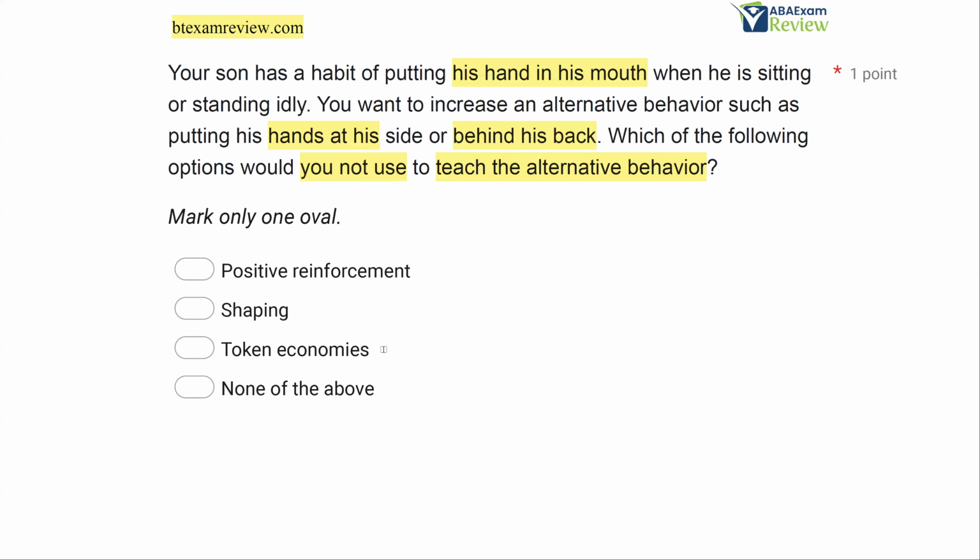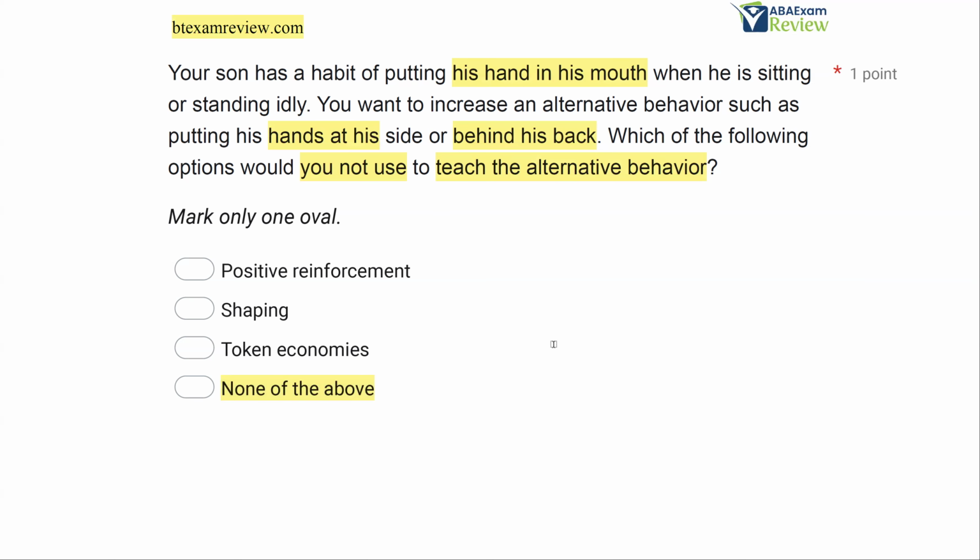Could you use token economies? Of course, token economies have to do with reinforcement schedules. We're going to be delivering tokens and exchanging tokens for reinforcement. We can reinforce putting hands aside or behind his back. All three of these strategies are viable to teach this alternative behavior. So our answer here would be D, none of the above.